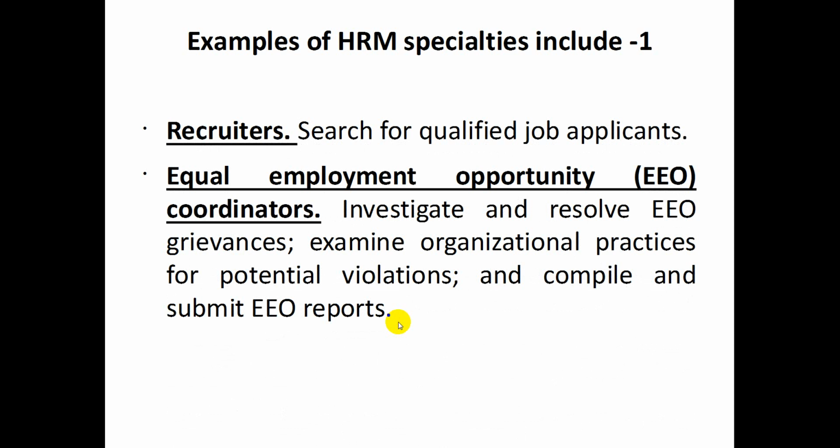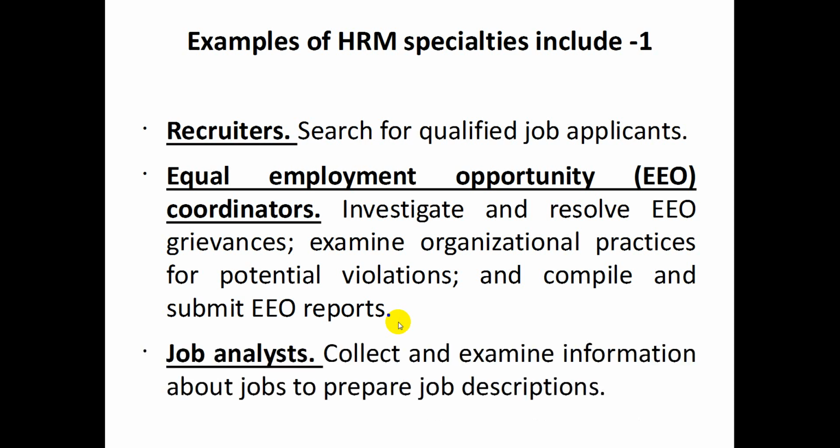This specialty means investigating and resolving EEO grievances, examining organizational practices and potential violations, and compiling and submitting EEO reports. Then job analysts collect and examine information about jobs to prepare job descriptions.